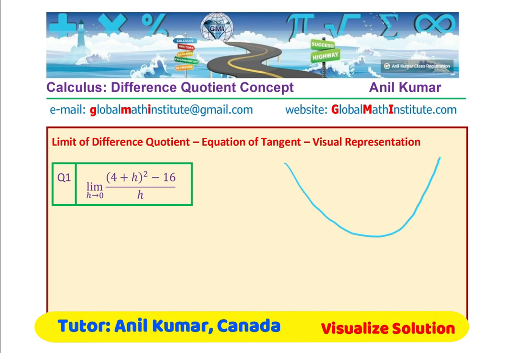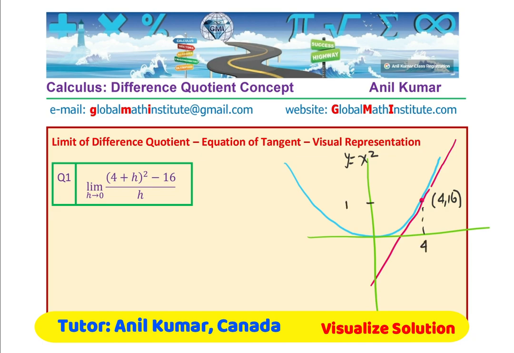And on this parabola, we are talking about a line which is tangent at a point, and this particular point is (4, 16), correct? The graph is of y equals x squared. You get the idea. So this point here, the x value is 4 and the y value is 16.